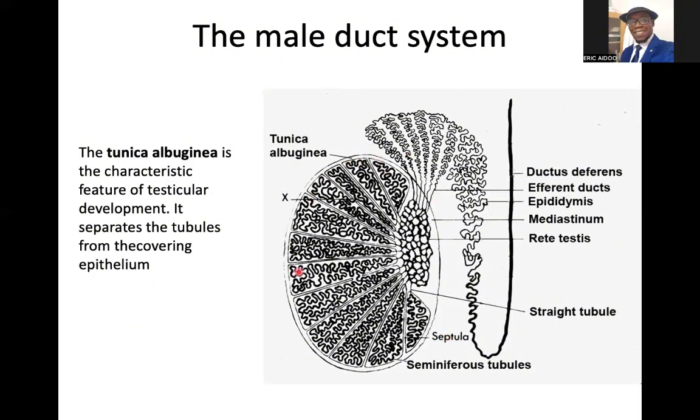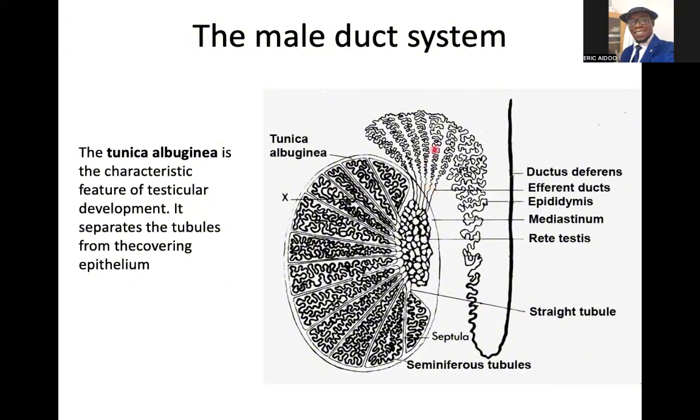So this is the testis. These are the seminiferous tubules that are being formed from the primitive sex cord or the gonadal cords. Then you have this straight, tiny region known as the straight tubules, which will now connect to the rete testis, and the rete testis will connect to the efferent ducts, which are formed from the mesonephric duct.